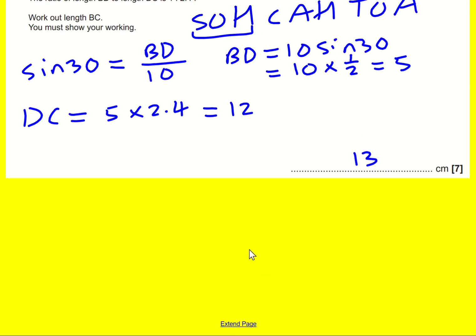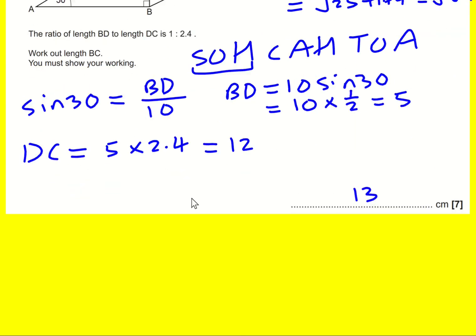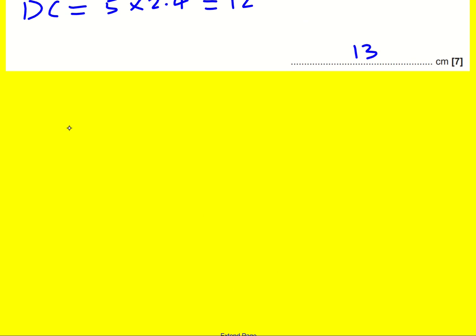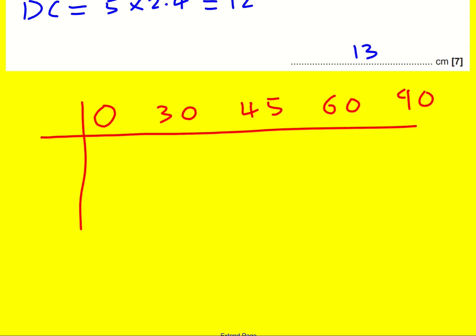I'm not going to derive exact values for sine, cos, and tan, but a method to try and remember it if you're struggling is to remember that you need to note for these crucial angles 0, 30, 45, 60, and 90. This is expected. And then write sine, cos, and tan in that order, SOHCAHTOA.